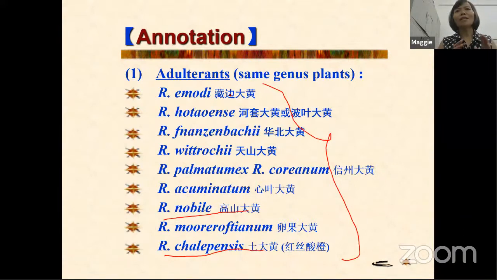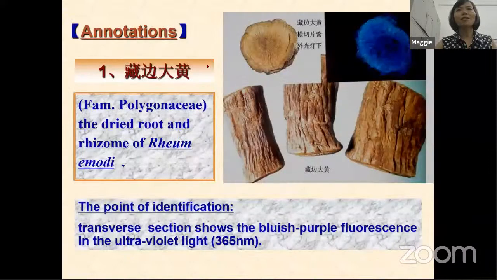How do we identify these adulterants? They can be identified by fluorescence tests. Put it under the UV light. The transverse section shows a bluish-purple fluorescence under the UV light.